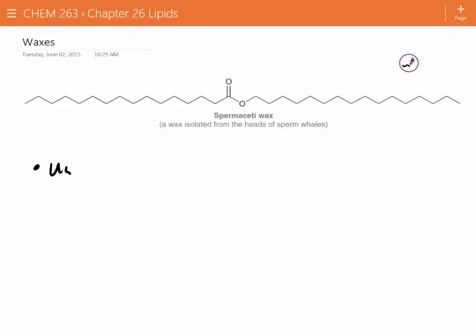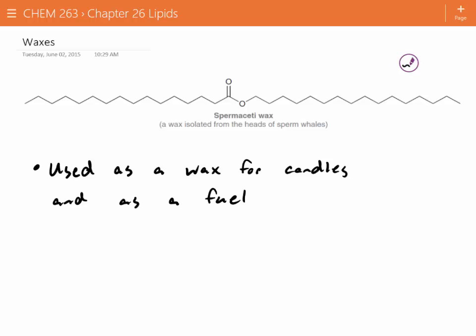It was used as a wax for candles and as a fuel. So what they would do is they go harvest these sperm whales. An adult sperm whale, surprisingly, has 500 gallons of spermaceti wax in it.